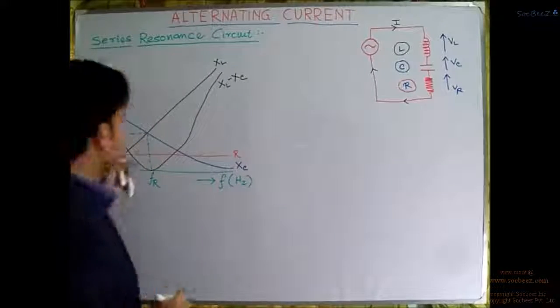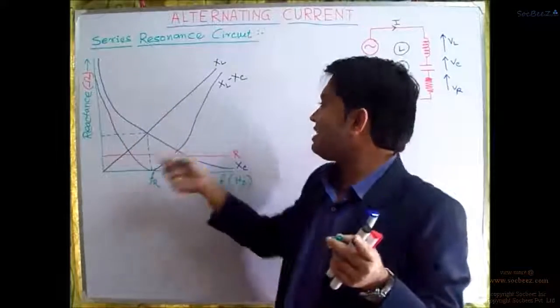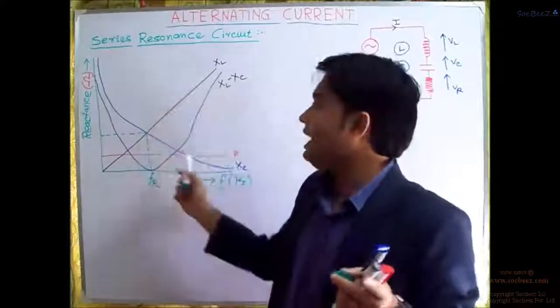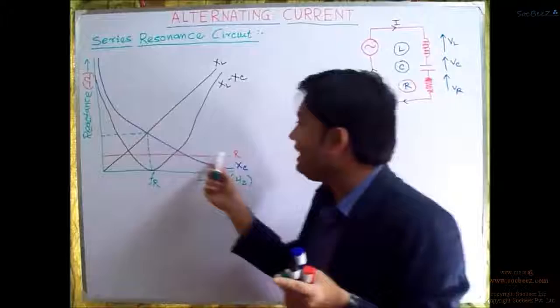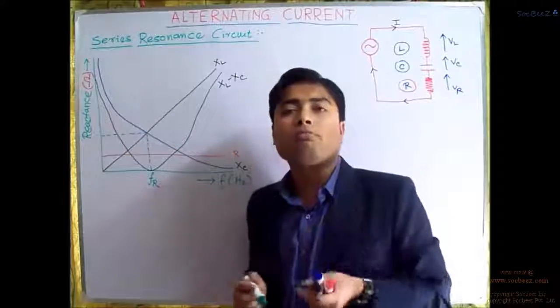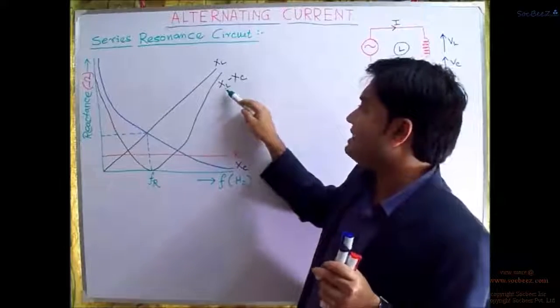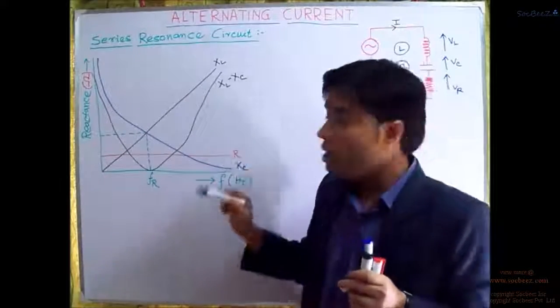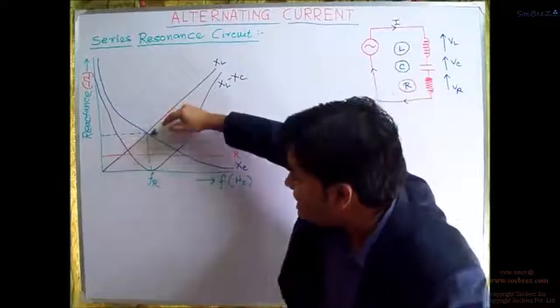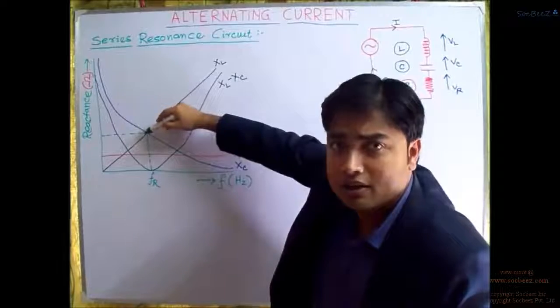This is the reactance of XL, and this is XC. The value of them is the same in terms of ohm. So if we are going to find out the curve for XL minus XC, we will see that at this particular point XL cancels out XC.